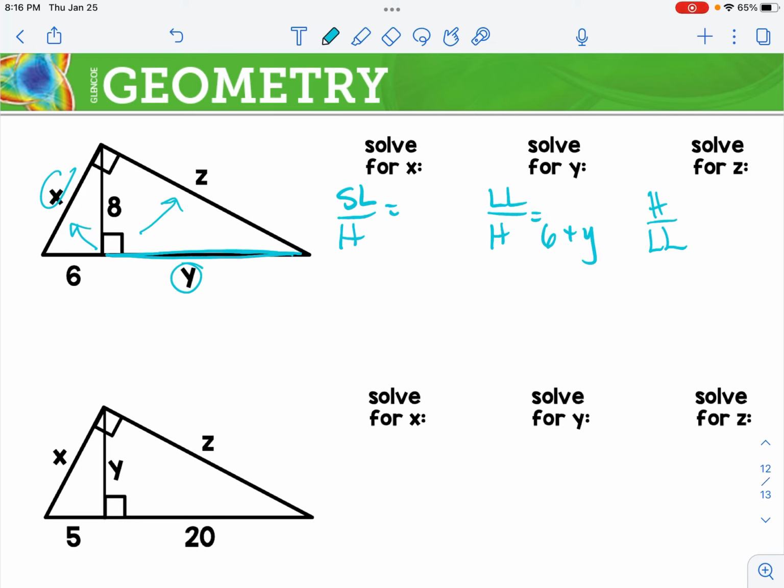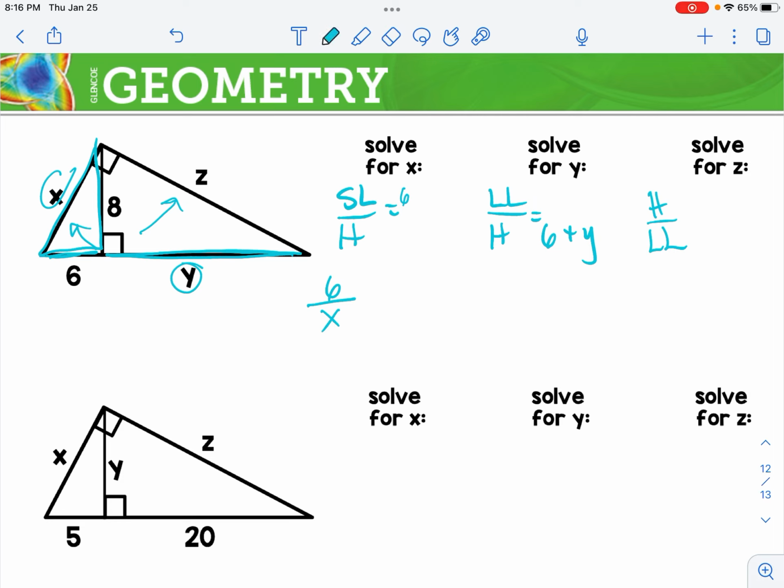Okay, so for this one, let's start with x, where we're the short leg over the hypotenuse. The short leg was 6 on this little one here. I'm going to write it underneath so I have more space. Short leg was 6. Its hypotenuse was x. That represented this little triangle here.